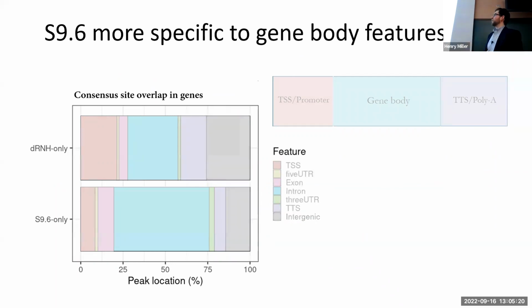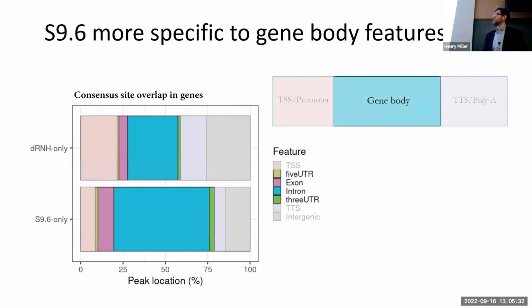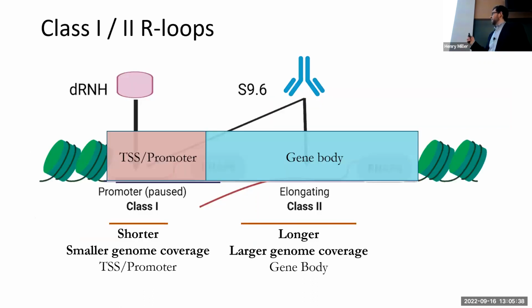And so in answering our question now, coming back to the transcription start site and promoter regions, we see here that dRNH-only consensus peaks are certainly more enriched within these sites. Whereas when we look at the gene body features, there's certainly more enrichment for S9.6 here. So again, that seems to support the idea of our class 1, class 2 model.